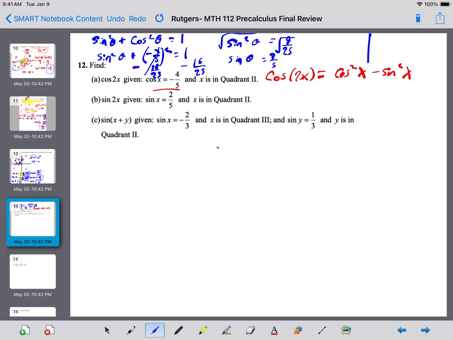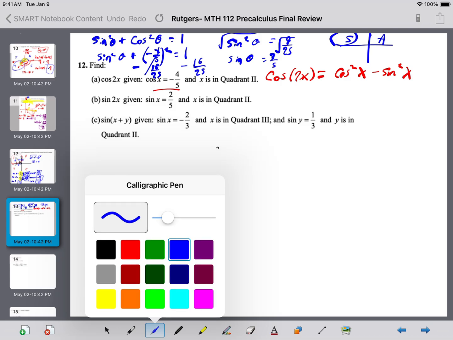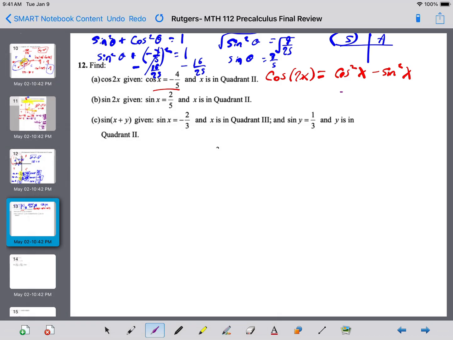Now it's in quadrant 2, so sine is positive, so we leave it as positive. And now it's a matter of just plugging in. Cosine is negative 4 over 5. That was given to us. We're going to do squared minus sine, which we solved for, 3 over 5 squared. So then that is 16 over 25 minus 9 over 25, which is 7 over 25. Okay?